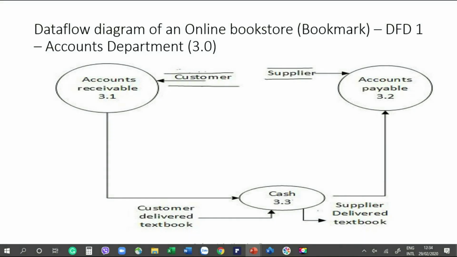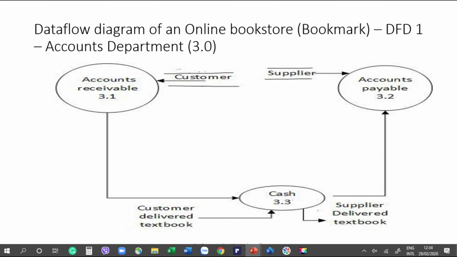As you can see here, for the customer and the supplier, the cash received and paid are shown with arrows, but I haven't shown any sub-processes.